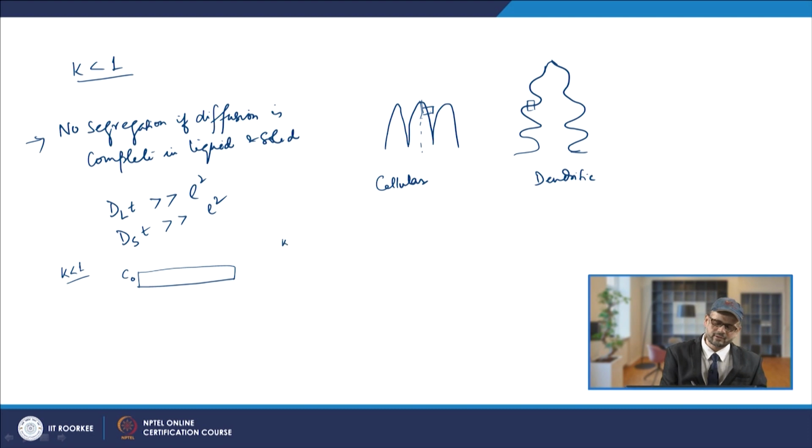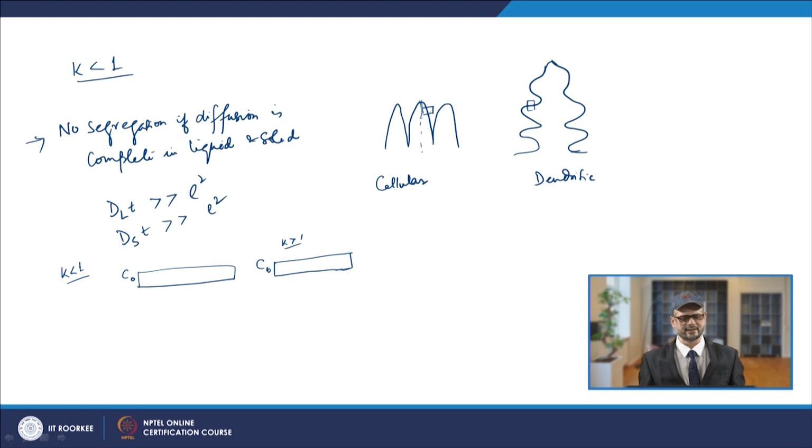Similarly, even for k more than 1, across the profile you will have no segregation and the concentration will be the same, C naught.